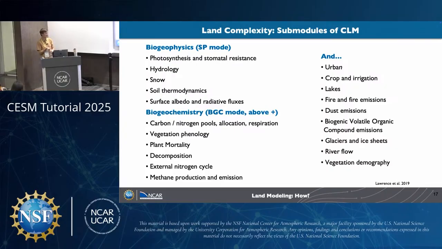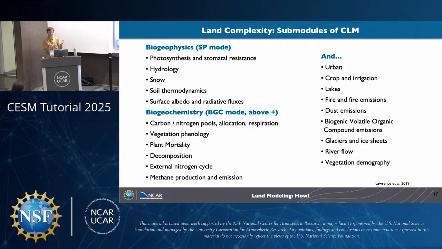The glaciers and ice sheets work within the land model. Then there's also river flow, and then vegetation demography is kind of a special case where there's another model that you can turn on called FATES, but I'm not going to talk about it here. The point is, the simplest thing to do is run in SP mode, because you're not going to get as many things wrong.